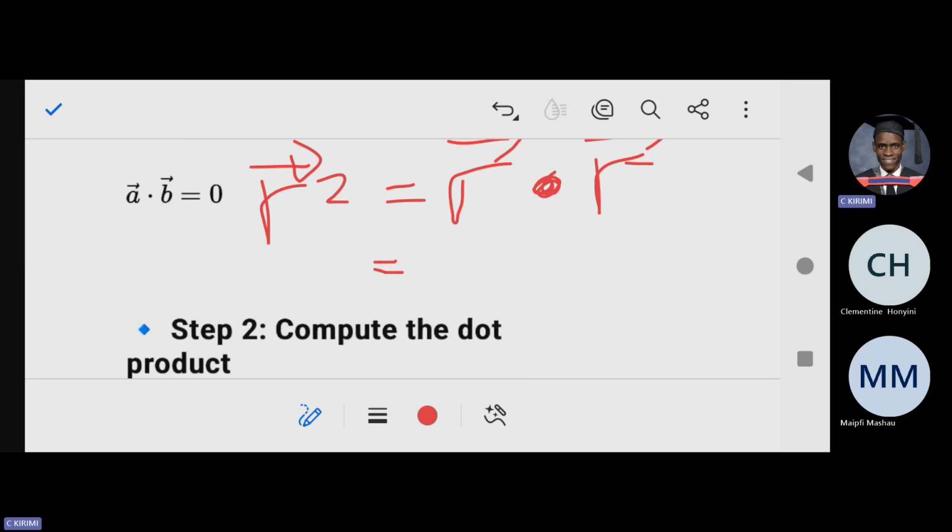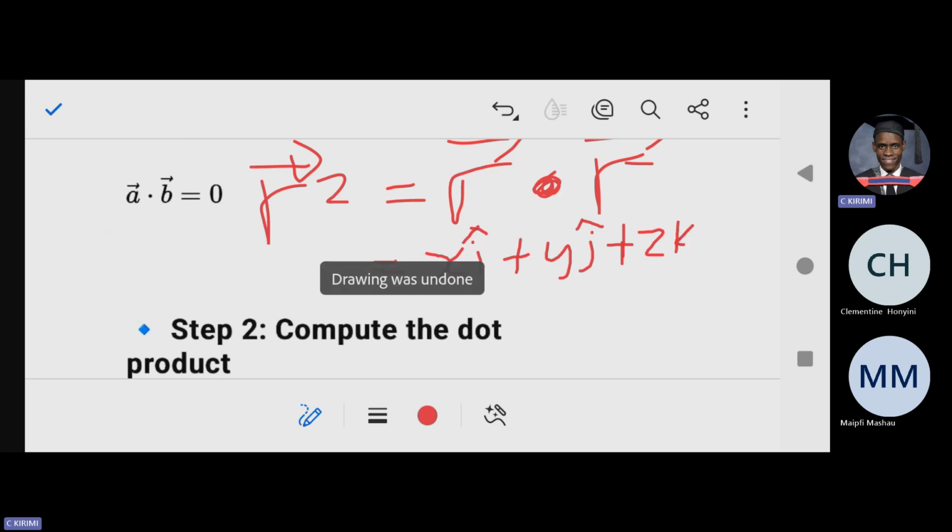So it's going to be equal to r, which we said is x in the i direction with the head, plus y in the j direction with the head, which means it's a unit vector, plus z in the k direction. Then you dot, so this is a vector.